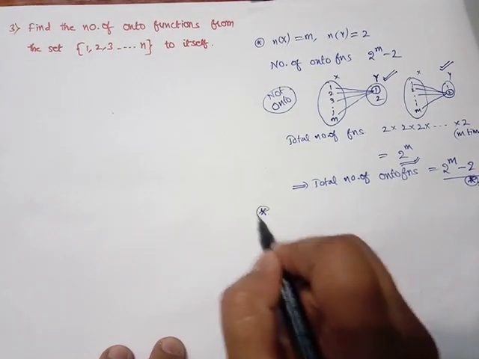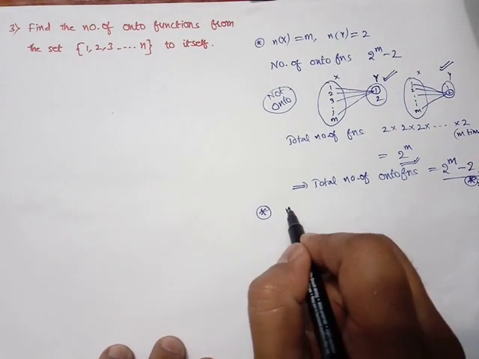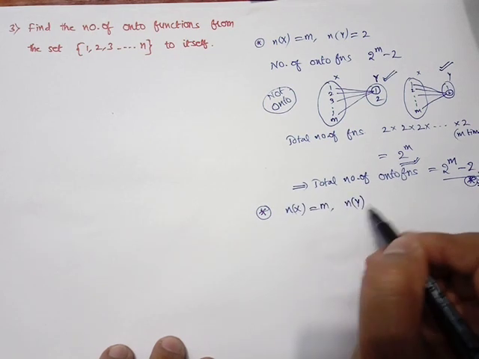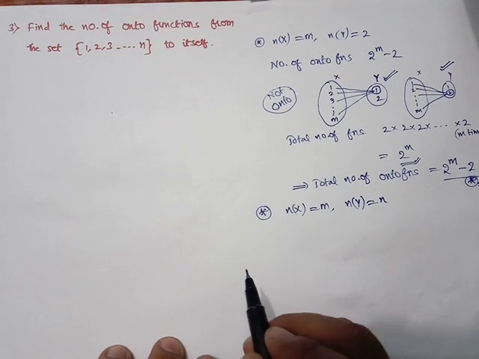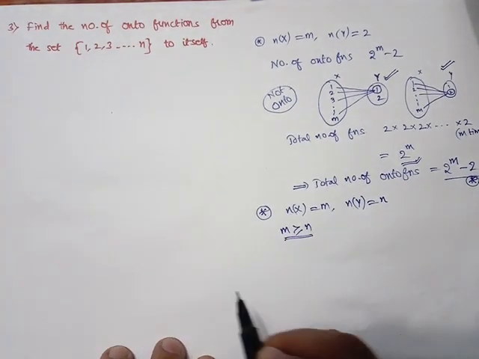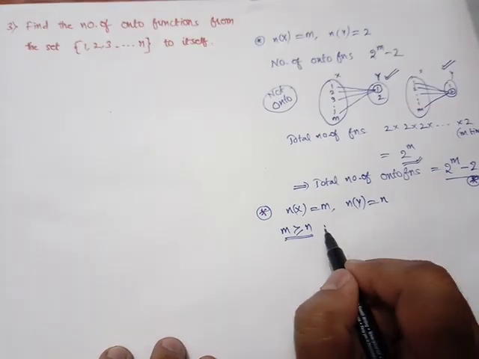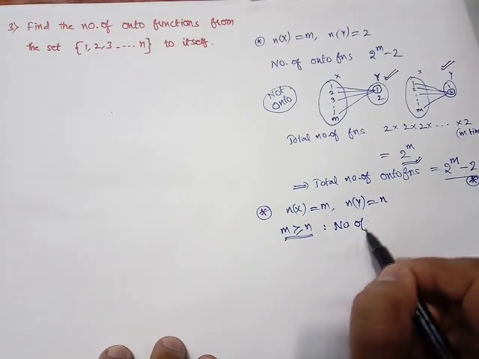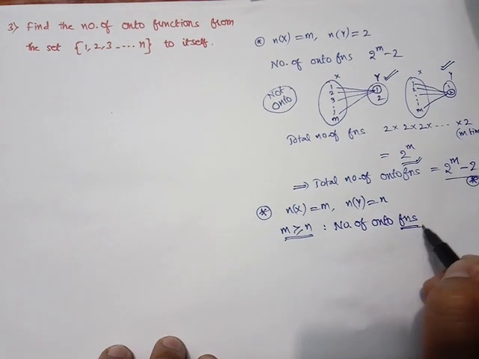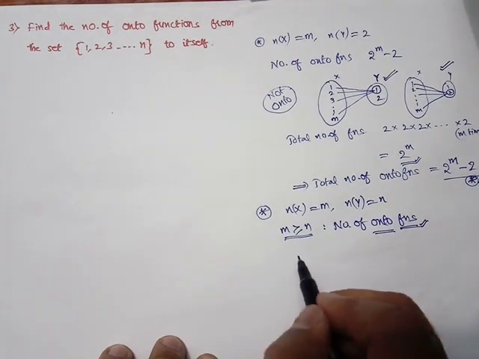Now considering the second case, the number of elements in set x is equal to m, the number of elements in the second set is nothing but n. And one more condition, m is greater than or equal to n. So this time for the number of onto functions, we write directly the formula here.